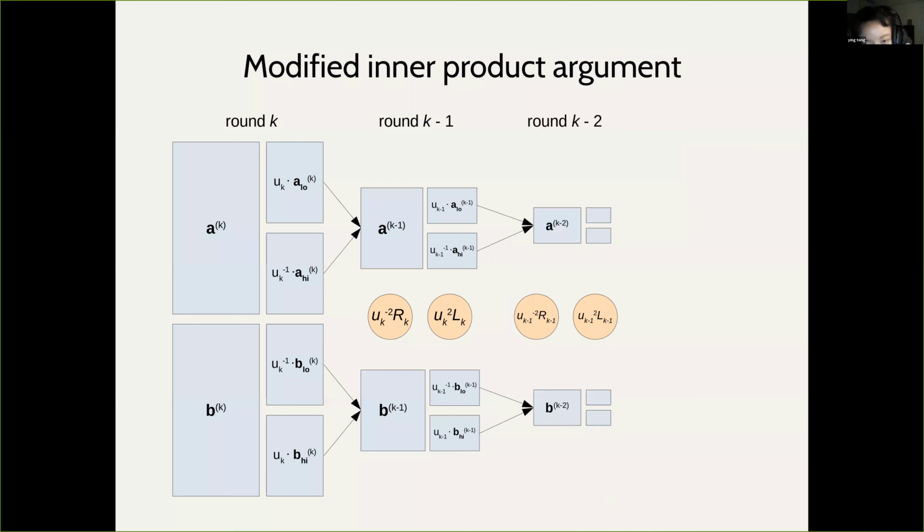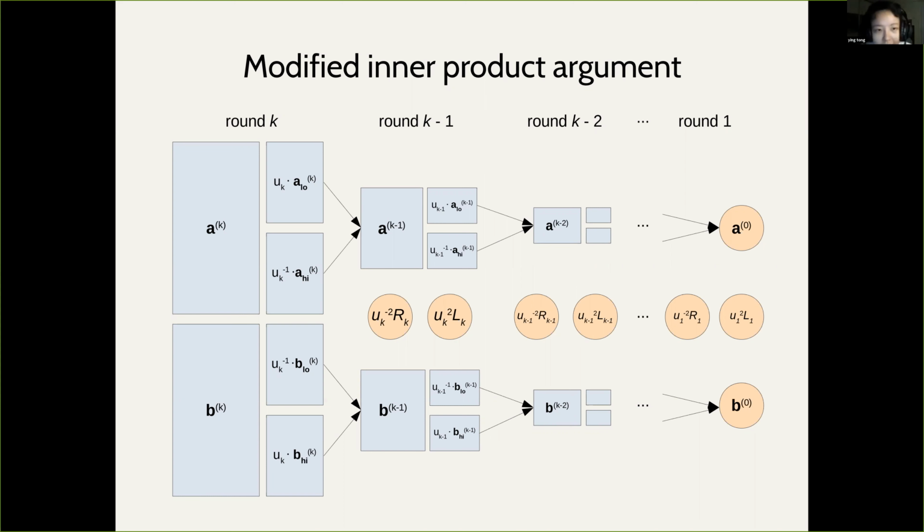And in this manner, we're going to move through to round K minus 2, and then all the way to round 1. And by the way, K over here is log n. I don't think I actually said that before. It's the number of times you can cut a vector of length n in half, right?